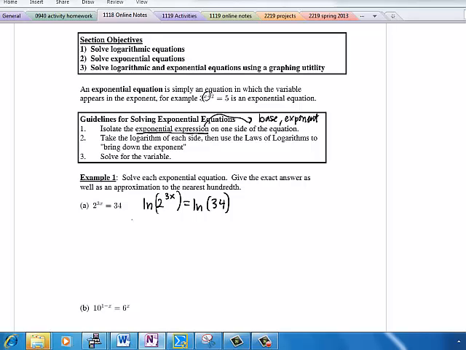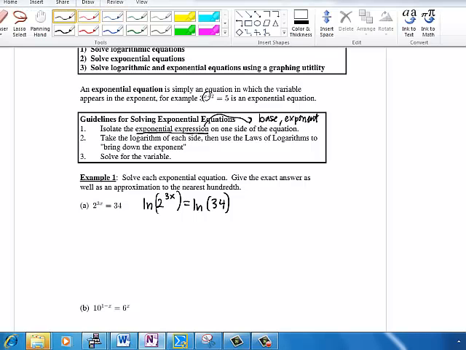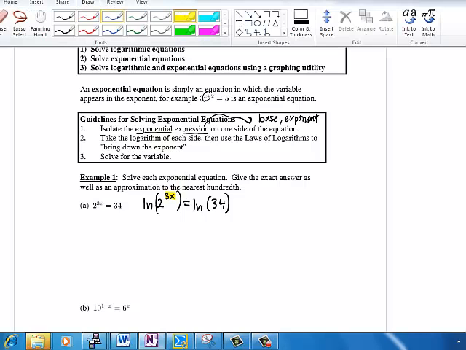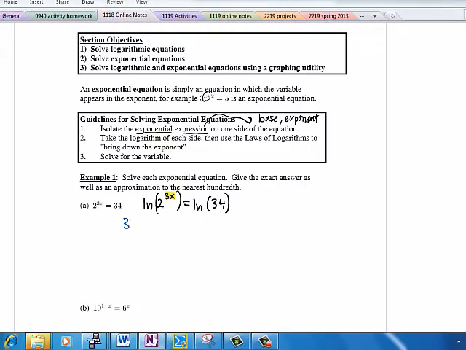And then I'm using that last property that says I'm going to be able to move this exponent that's an input for a logarithm and make it 3x times the natural log of 2. And on the other side I have natural log of 3/4. Now this is really just a linear equation because natural log of 2 is a constant, natural log of 3/4 is a constant.